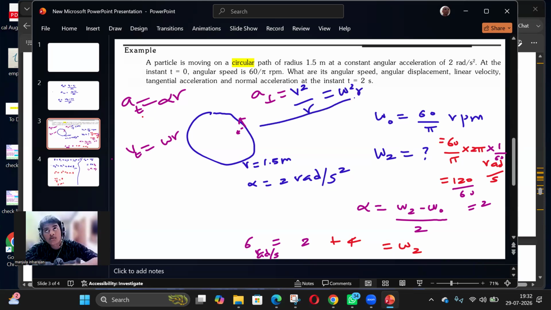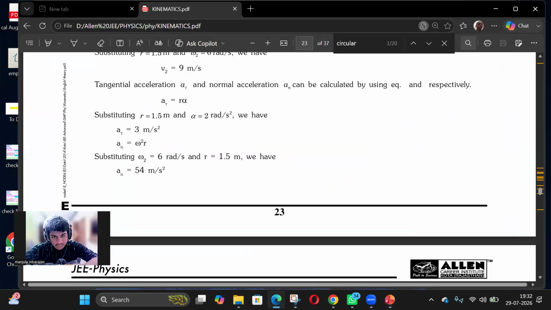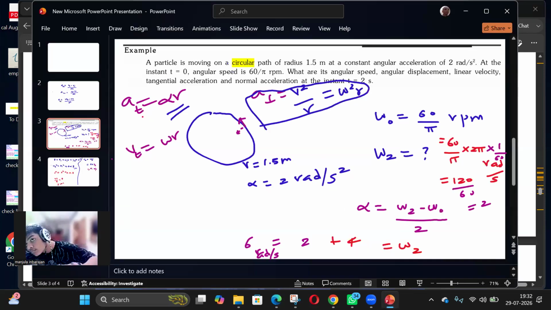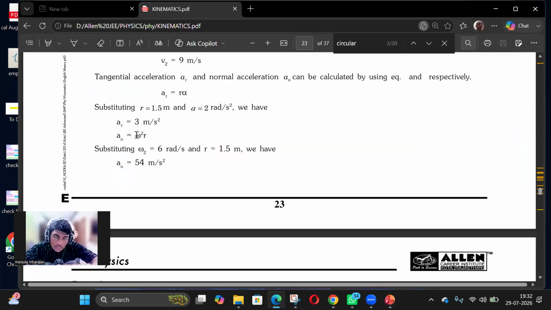This you have to remember: normal or perpendicular acceleration is omega square r, and tangential acceleration is related to angular acceleration like this. Understood? Yes, sir. Normal acceleration is 54.